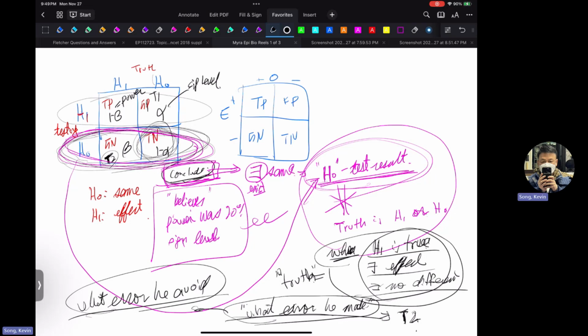Whether they say he concluded that the result reveals there's no effect, no difference, or the results say that the drug has a significant effect.